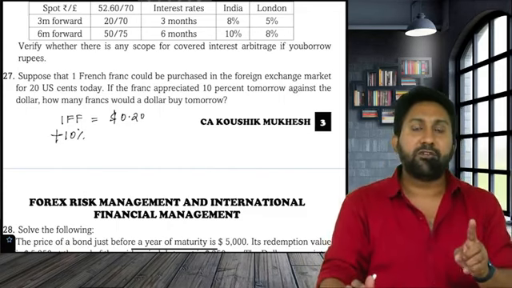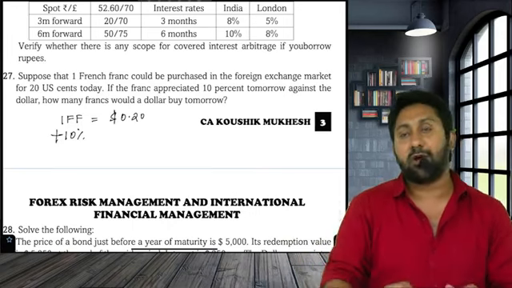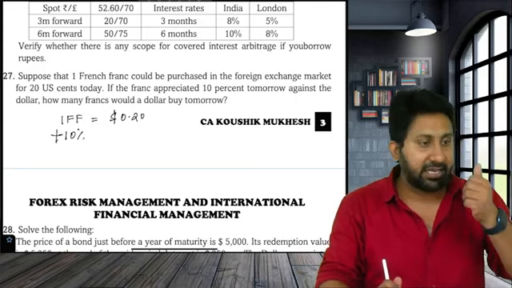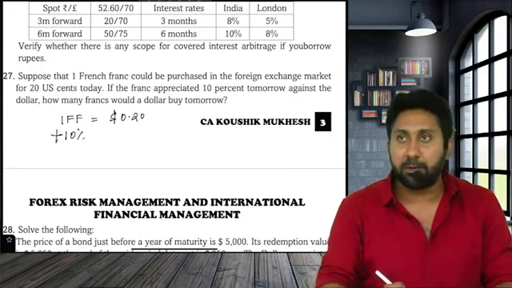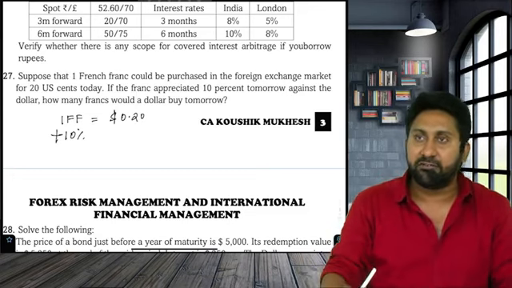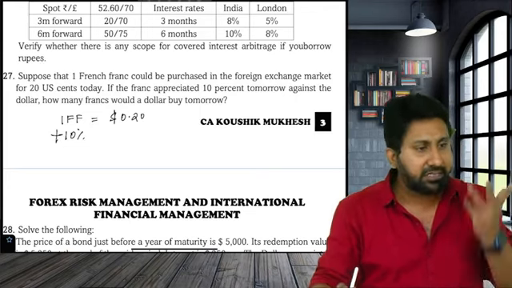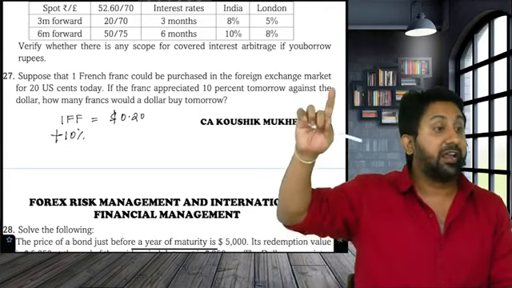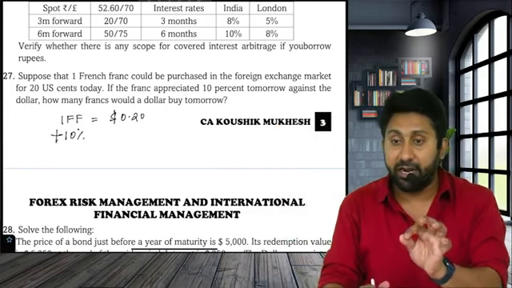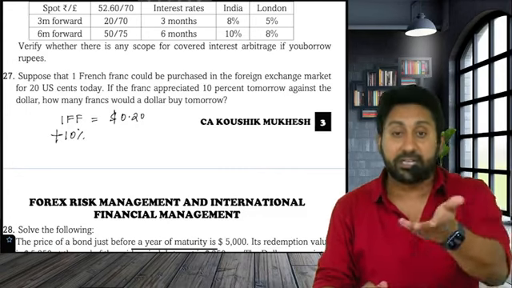Tomorrow 1 French franc will not give just 0.2, it will give more than 0.2. Then only we call it an appreciation of 10% for the French franc. If $0.2 can fetch 5.5 French francs, or 1.1 French francs, the franc has lost its value. He is telling us the franc appreciated. Whenever I say franc appreciated, you should not add to the franc, you should add to the opposite currency.